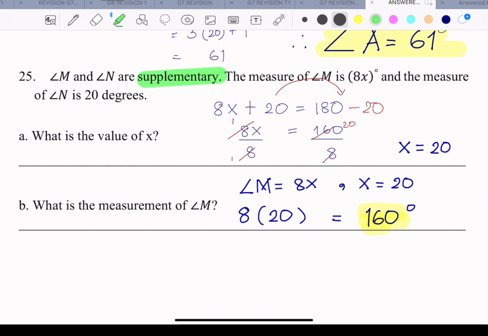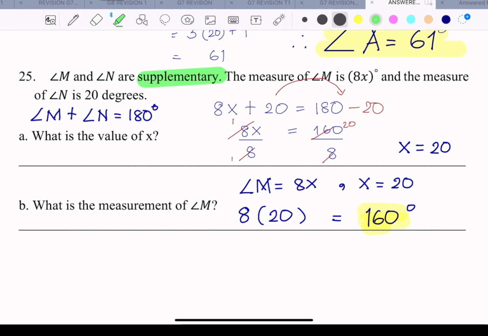Therefore, angle M plus angle N is equal to 180 because it is a supplementary angle. So 8x plus 20 is equal to 180.